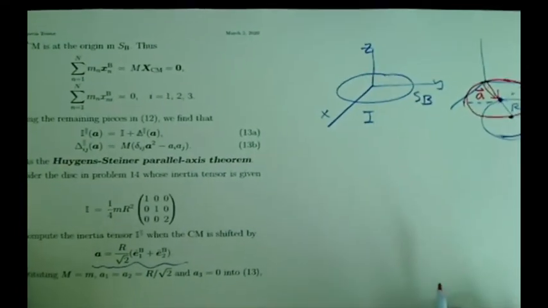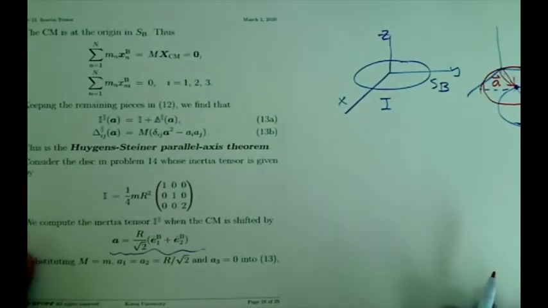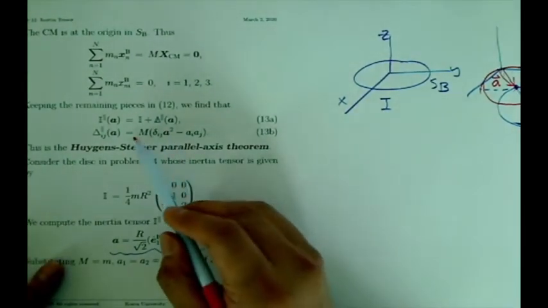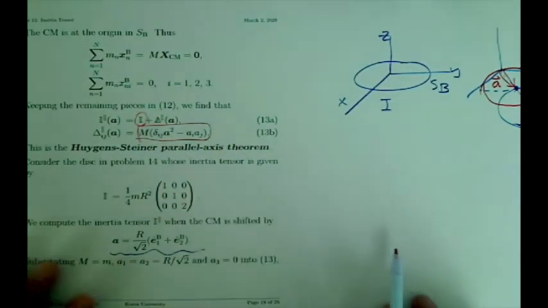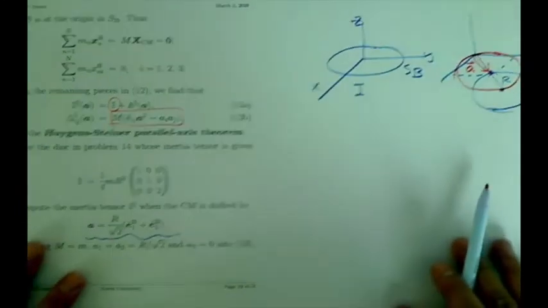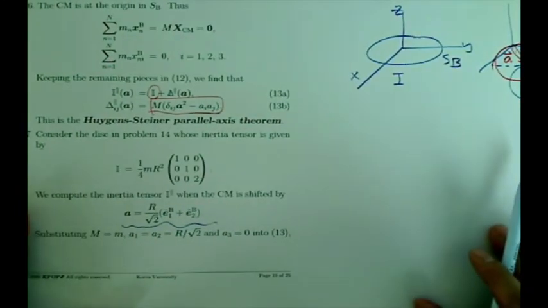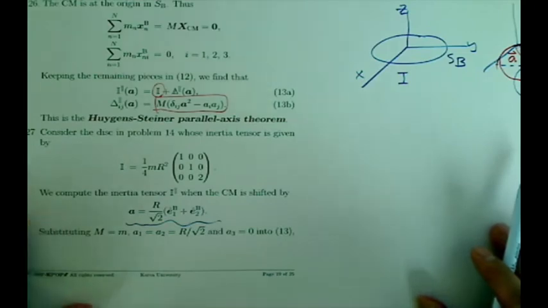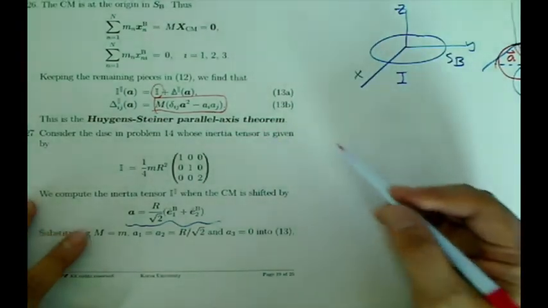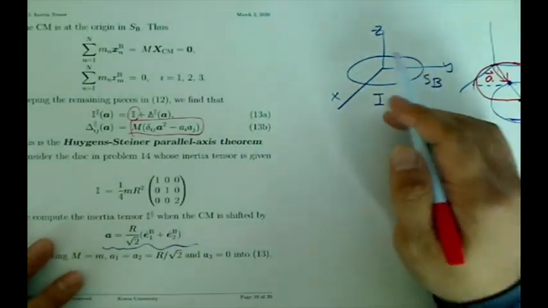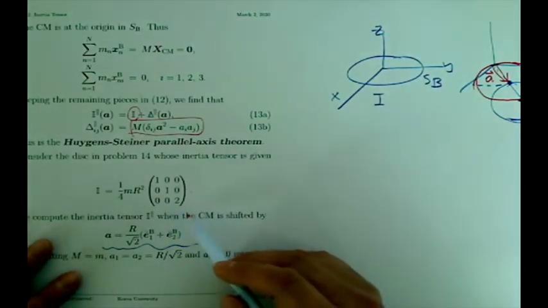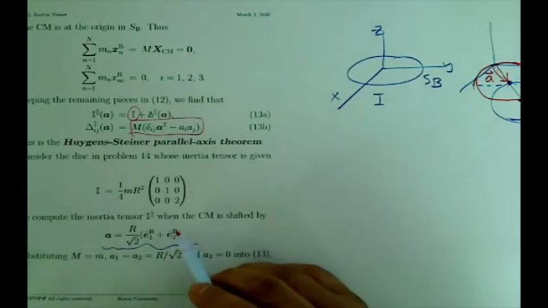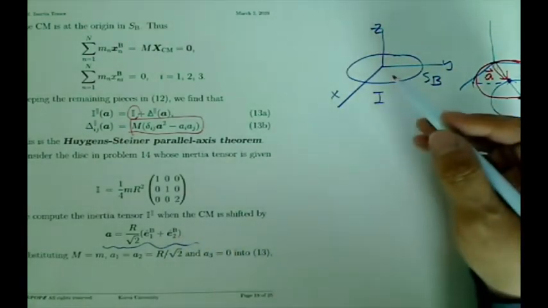Alright, so the parallel axis theorem can be applied to have this additional value added to the original value in the body coordinate system. So let us make some application. In a previous case, we considered the disk on the xy plane, and it was found to be diagonalized, with principal axes x, y, z.